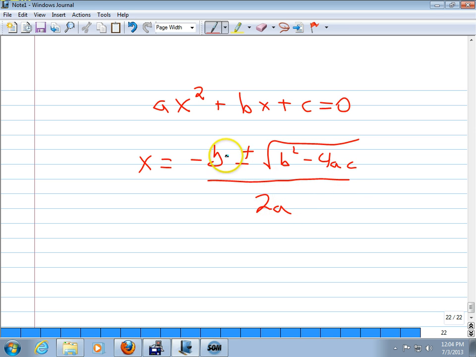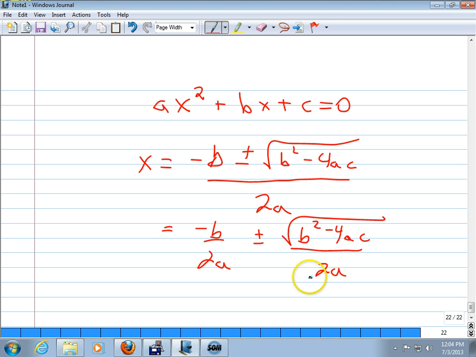Now, what this really means is the x-intercepts are negative b over 2a plus or minus the square root of the discriminant over 2a. What does that mean? This is the axis of symmetry. This is how far the x-intercept is from it. Say the axis of symmetry is at x equals 2.